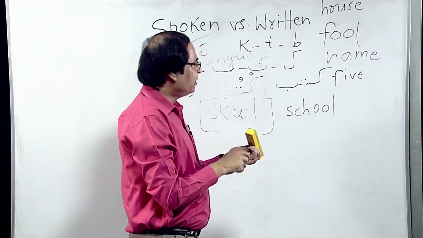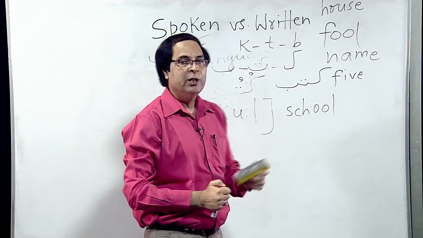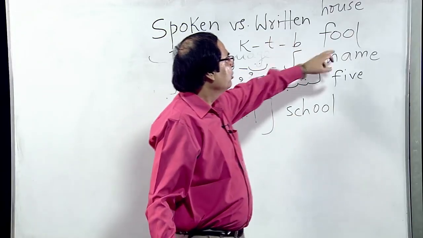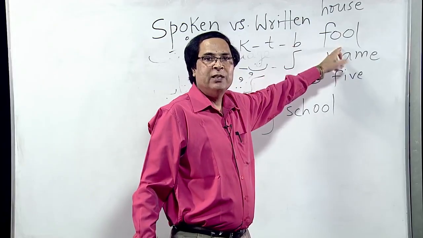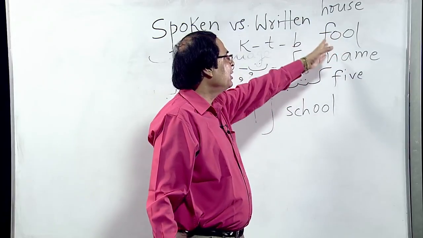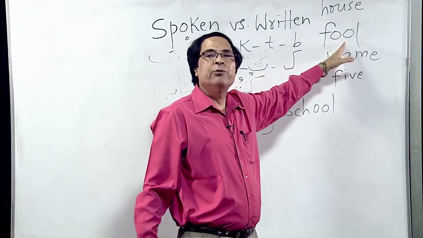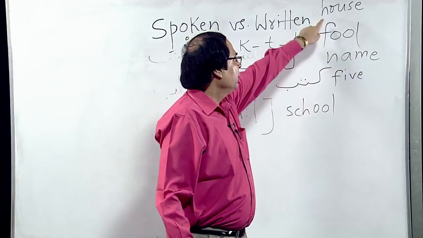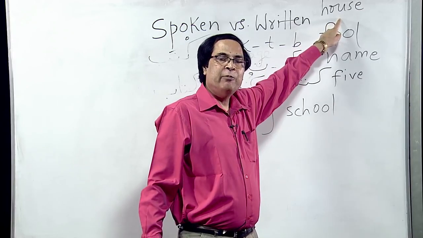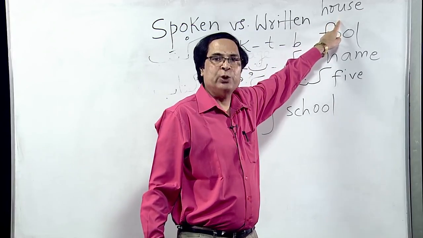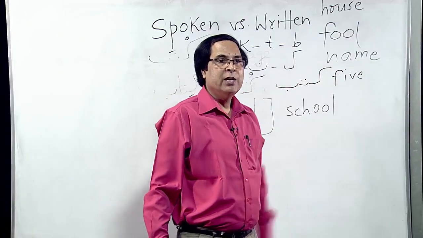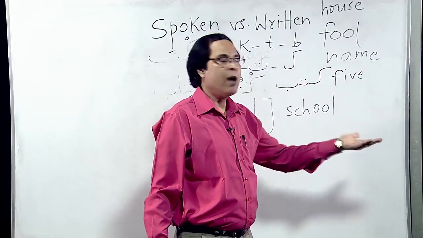Now, look at the old English pronunciations of these words. Actually, fool, which we now pronounce fool, was once pronounced as foal. That is why we have the double O, it was O. We have house, which once upon a time was pronounced as whose. Name was pronounced as naam.